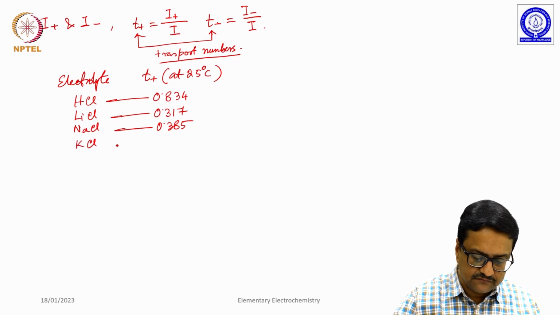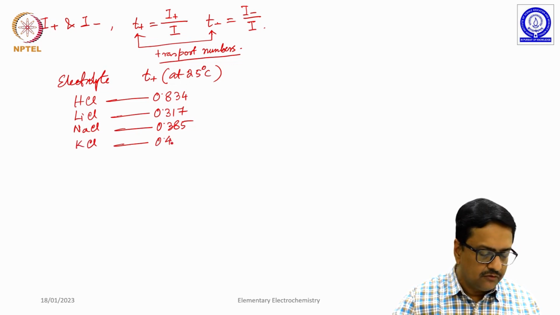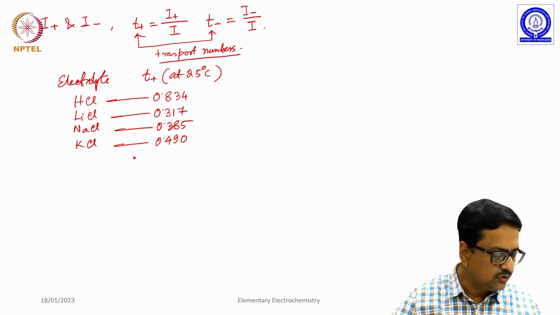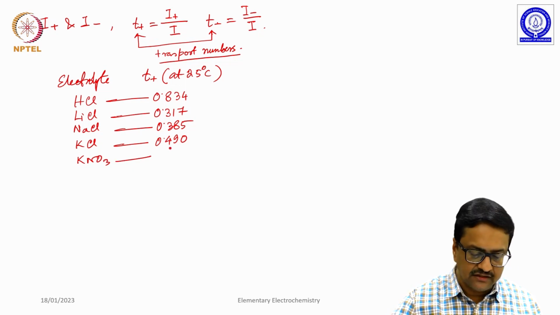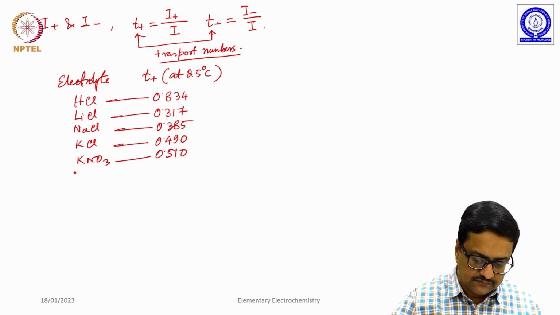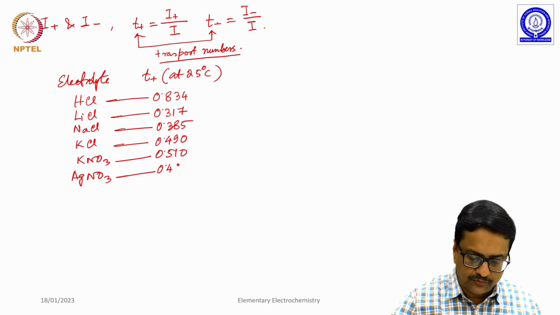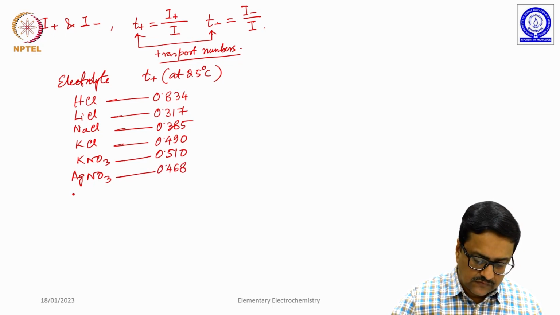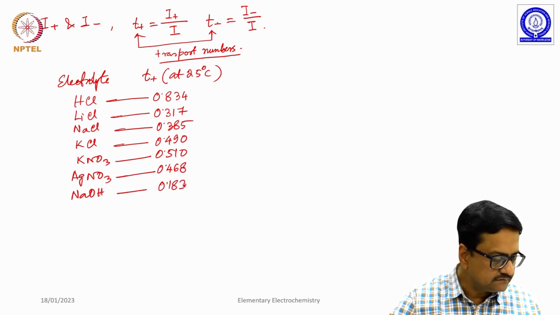For KCl, it is 0.490. For KNO3, it is 0.510. AgNO3, it is 0.468. NaOH, it is 0.183.